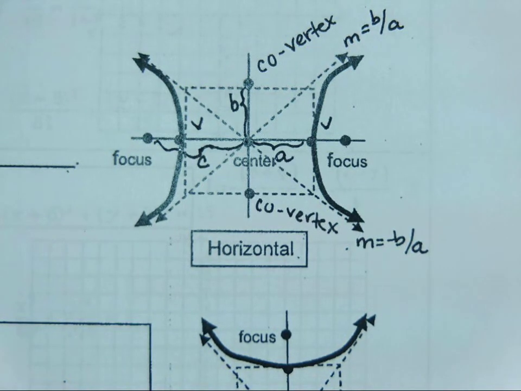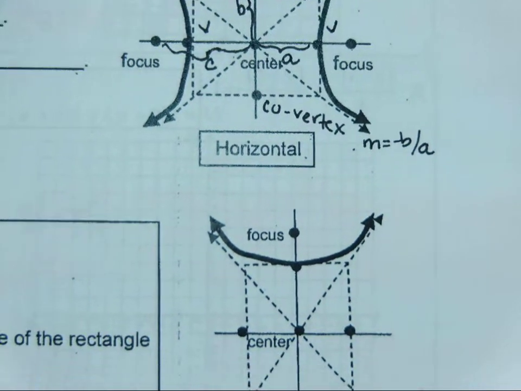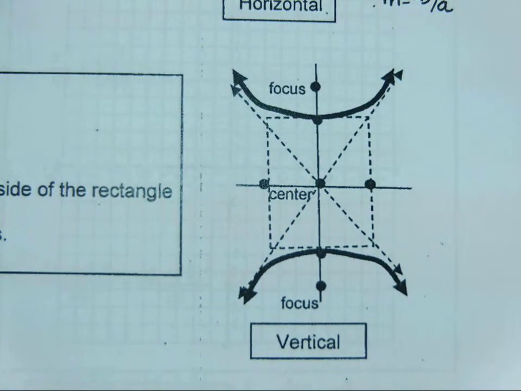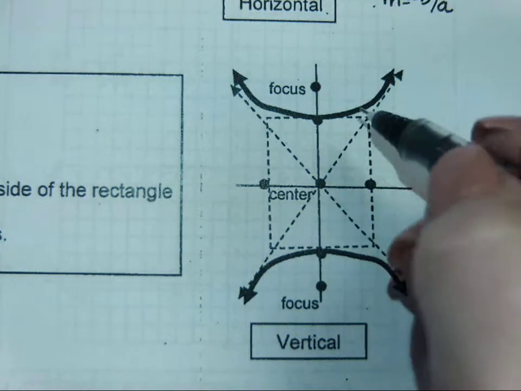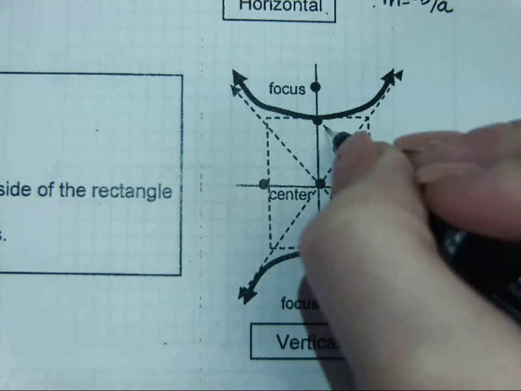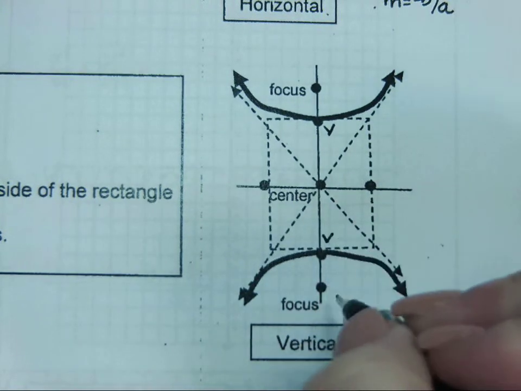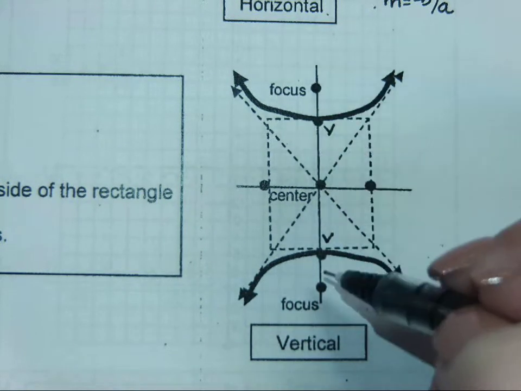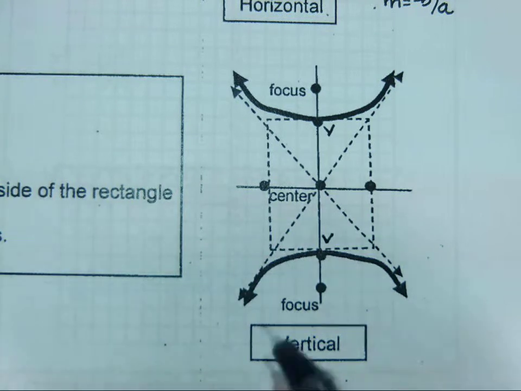Now with a vertical hyperbola, that means that you have your foci, vertices, center, and co-vertices vertically. And so your branches are going to open up and down around those.